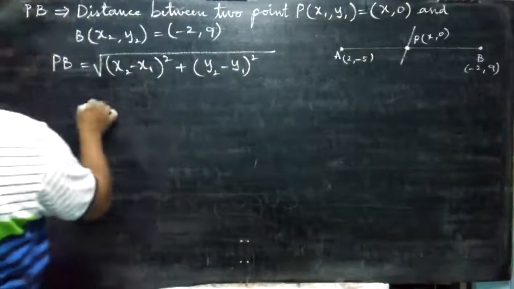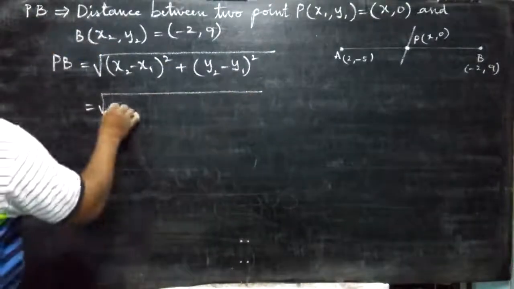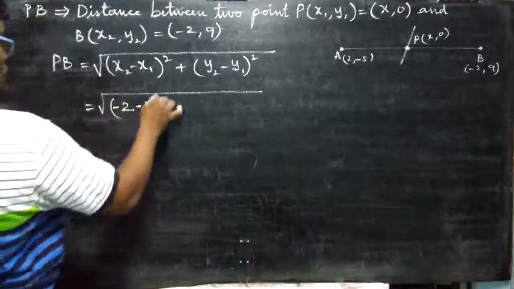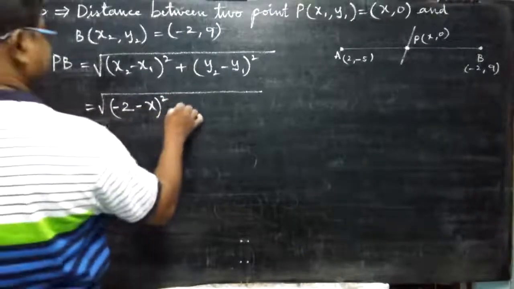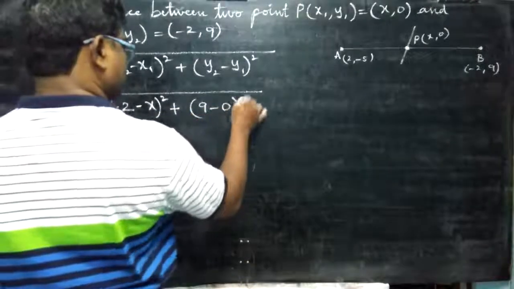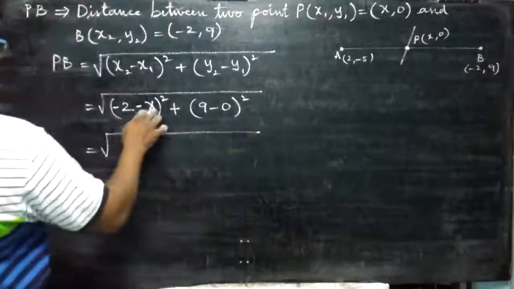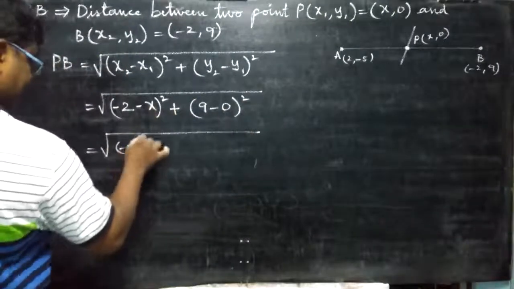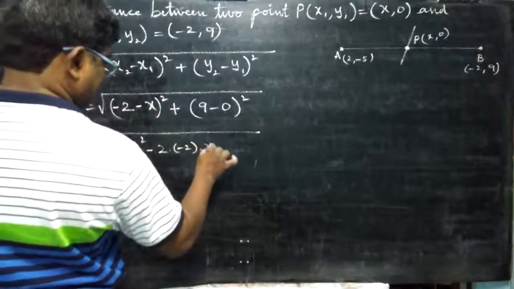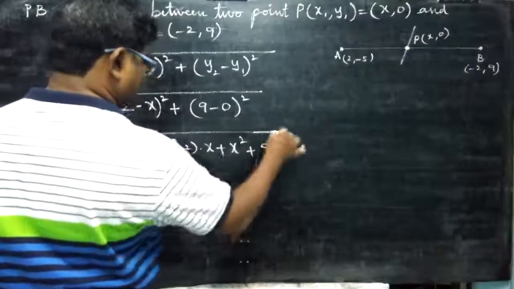That is equal to the square root of (-2 minus x) whole square plus (9 minus 0) whole square, which is a minus b whole square: a square minus 2ab plus b square. Here 9 square, 9 minus 0 means 9 only.